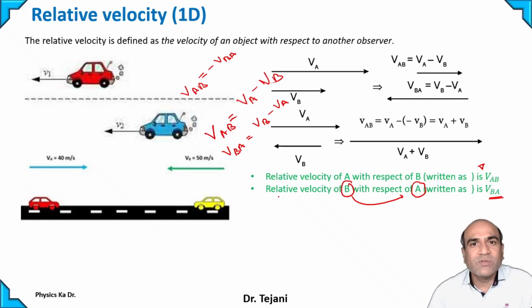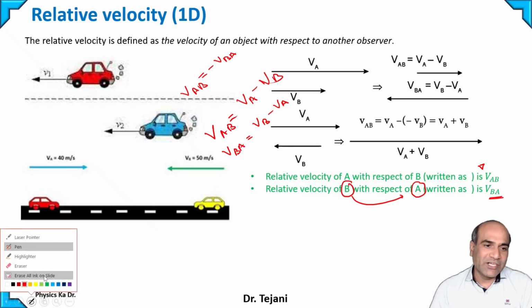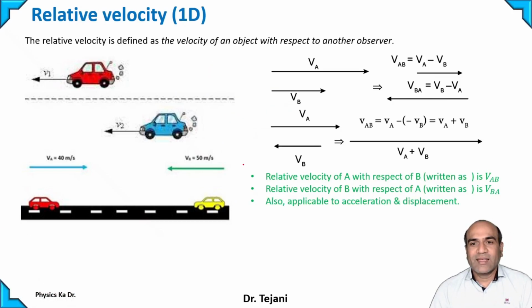Right, both observe the same velocity, but in equal and opposite directions. Here we talk about relative velocity, VAB is equal to VA minus VB.